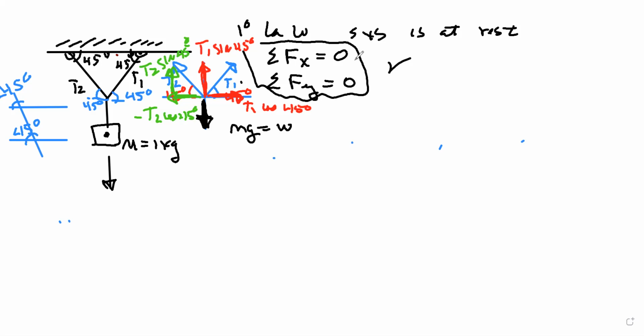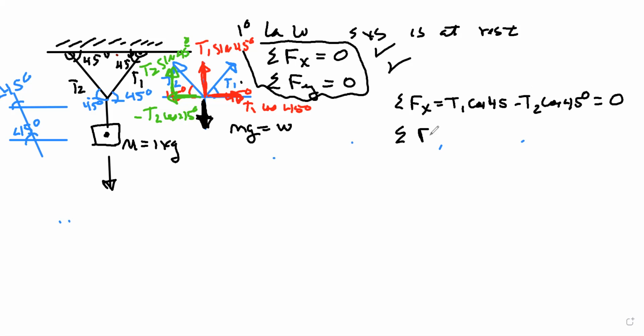So we have that the summation of the forces in the x direction is going to be T1 cosine of 45 degrees minus T2 cosine of 45 degrees. That's going to be equal to 0 because we're going to follow this law.